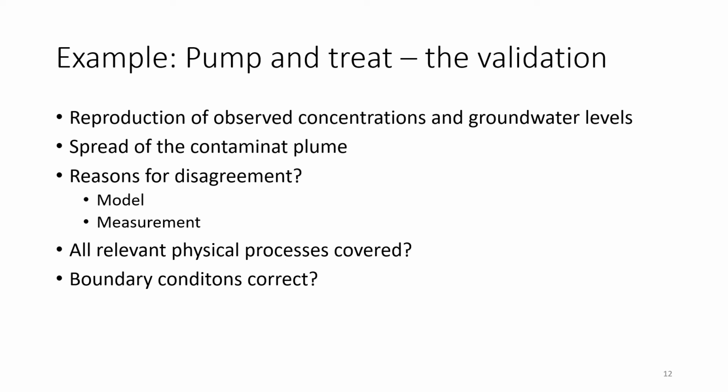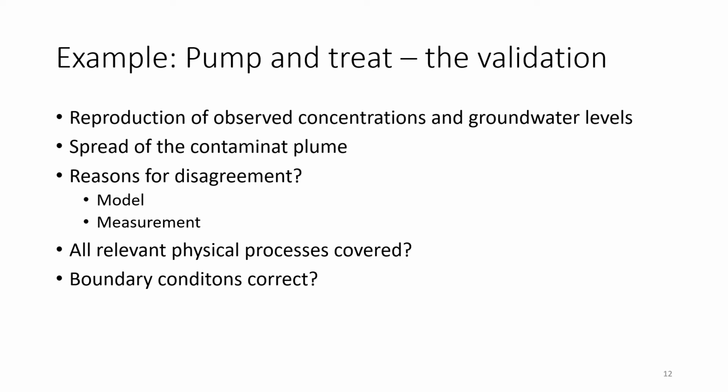So then, setting up your model, you hit the run button, you're happy, you get colorful pictures, but now comes the validation. Right? In the scenario I had, this is quite good because we had so many wells, so we can compare groundwater levels to the wells. We can maybe already have an estimation of the flow velocity. Or you can do this with pen and paper because it's a homogeneous subsurface, so you can calculate what you would expect as a mean flow velocity.